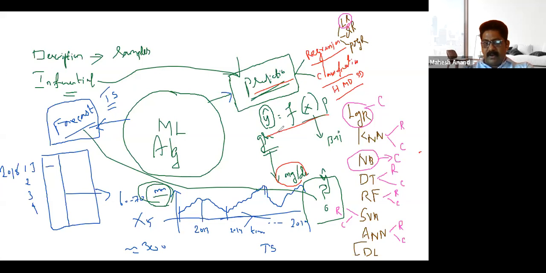Unlike my prediction model, where y is a function of x and these are two different variables, here my y cap is basically the same x variable in the future. I could call it t plus 1. I'm going to predict t plus 1 as a function of earlier time instances: yesterday's record is x of t, the day before yesterday is x of t minus 1, and so on. So that is the basic difference of a forecast model.